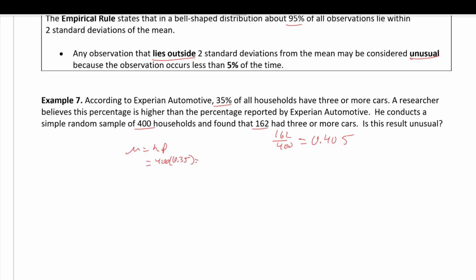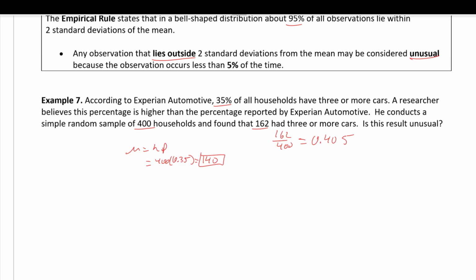We expect that to be about 140, right? That's what we expect to have as far as the number of households that have 3 or more cars out of 400. 35% of that is 140. He got 162, but we have to somehow figure out if that's unusually high.